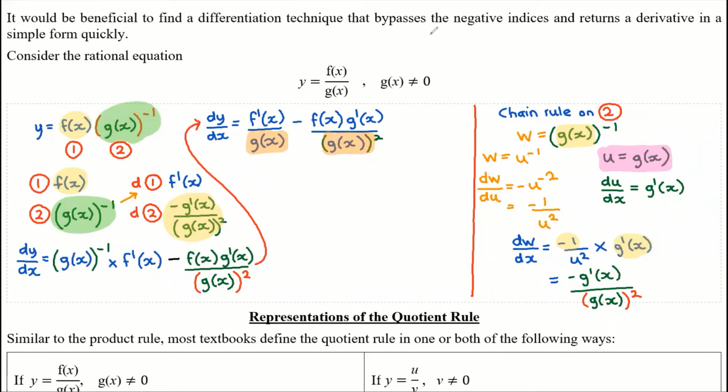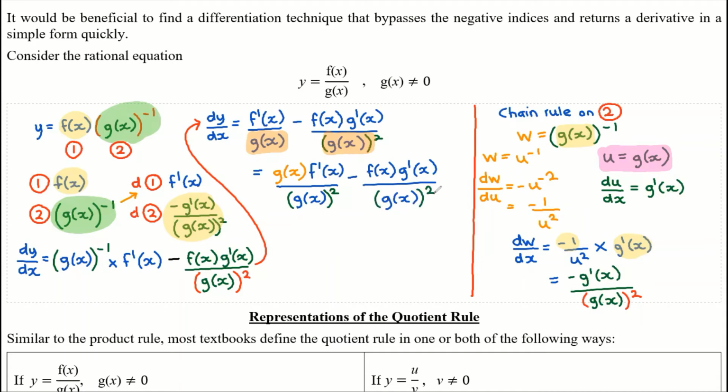This is going to equal g of x multiplied by f dash x over g of x, all squared now because I've multiplied top and bottom by g of x. And then I'm going to subtract f of x g dash x over g of x, and again that's all squared.